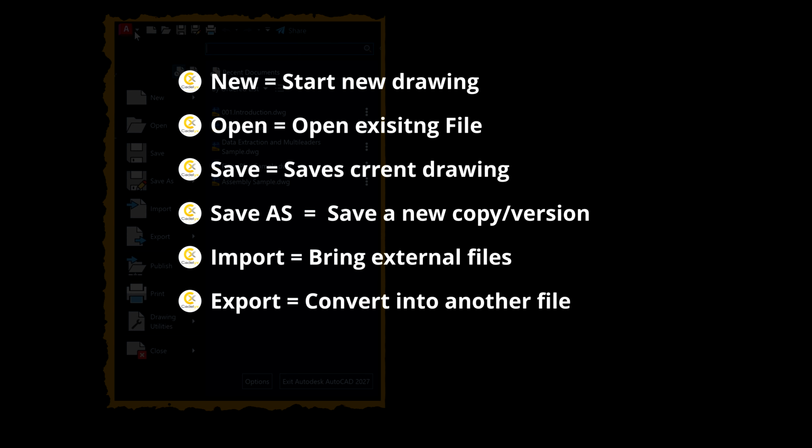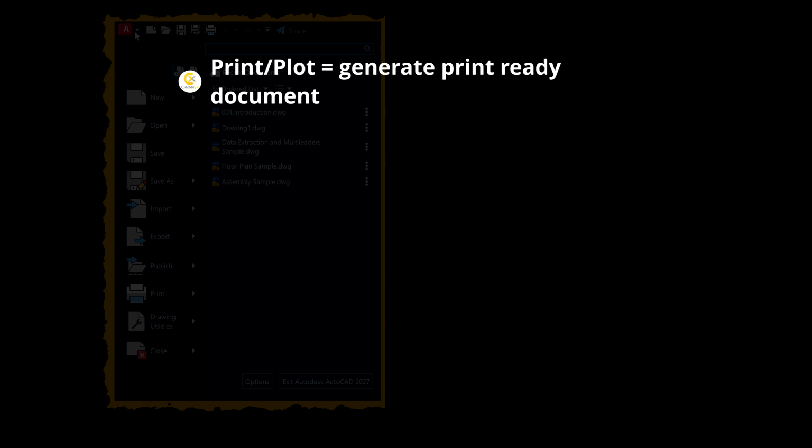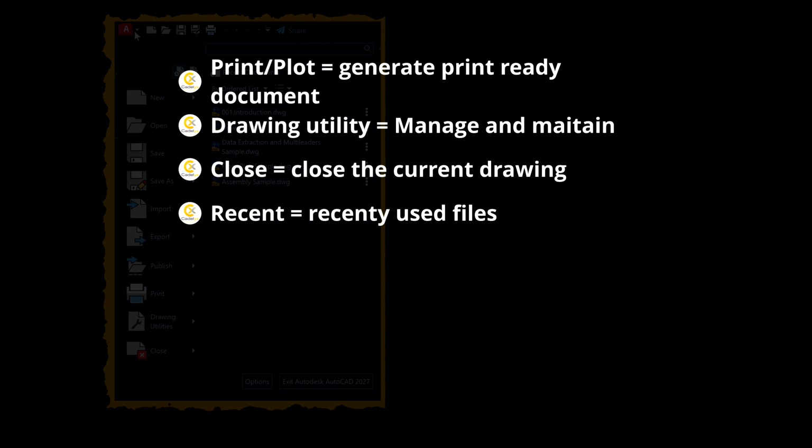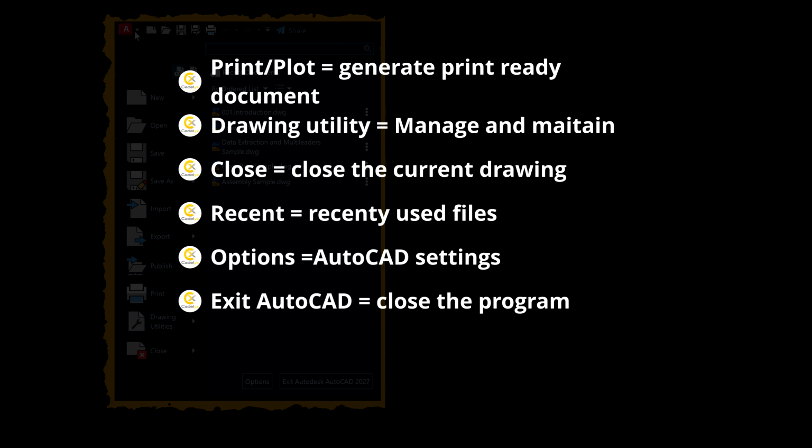Export creates another file format from your drawing, like PDF. Publish is useful for outputting multiple sheets. Print or plot is used for printing or PDF output. Drawing Utilities helps manage and maintain drawing files. Close closes the current drawing. Recent Documents help you quickly open recently used files. Options opens AutoCAD settings, and Exit AutoCAD closes the full program.